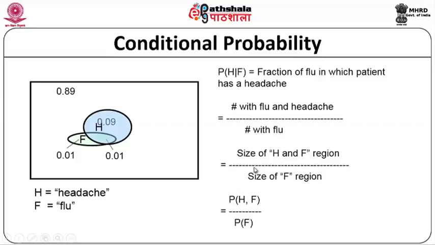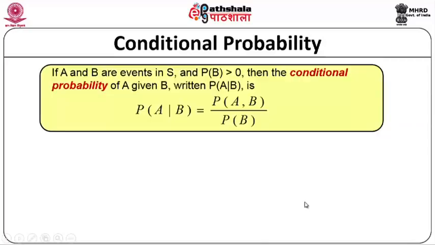That is the overlapping area where we have H and F overlapping, divided by the region occupied by F, which is nothing but probability of H and F divided by probability of F. This is what we call conditional probability.